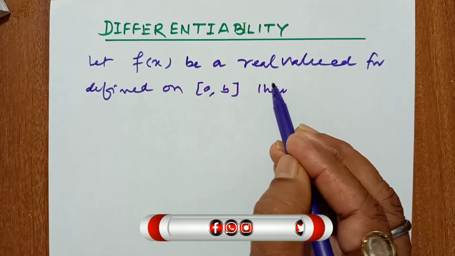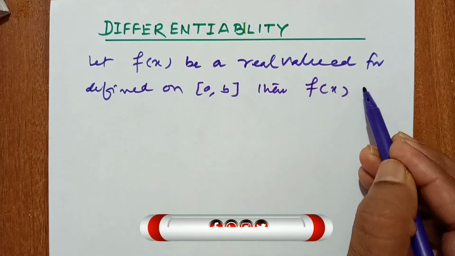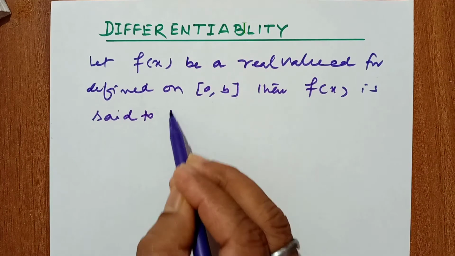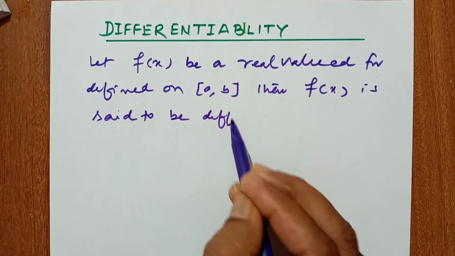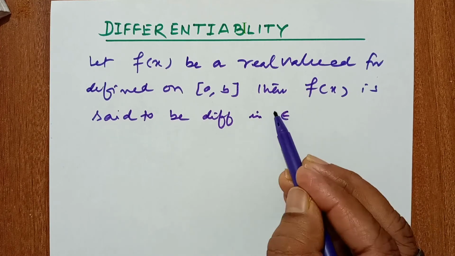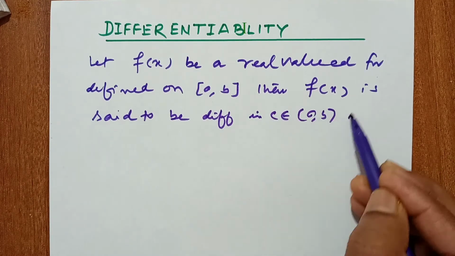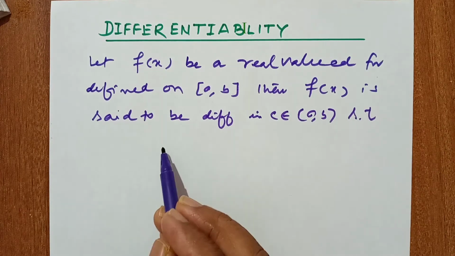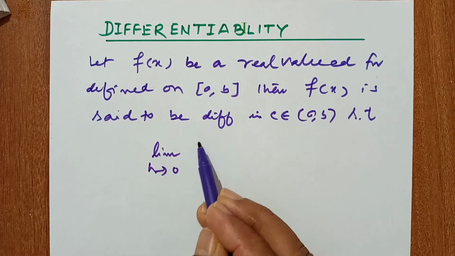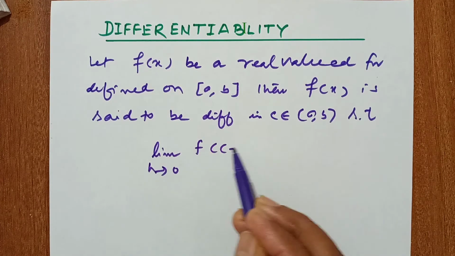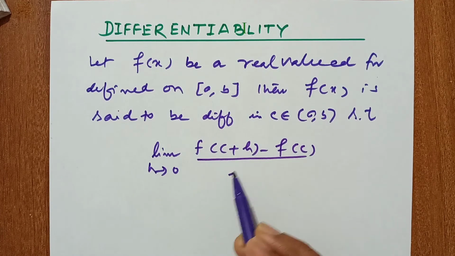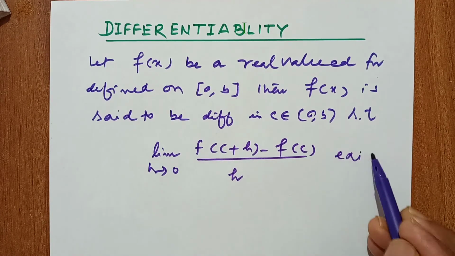Then f(x) is said to be differentiable at c belonging to (a, b) such that limit h tends to 0 of f(c + h) - f(c) upon h exists.